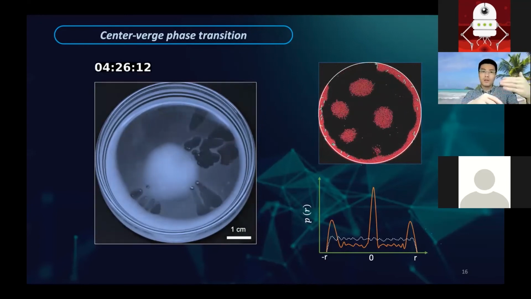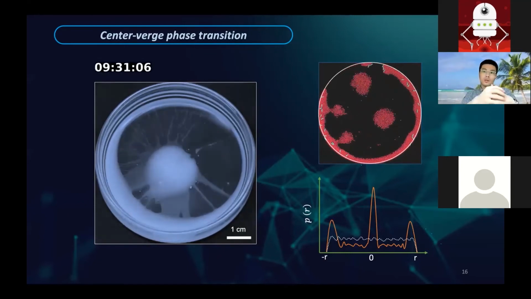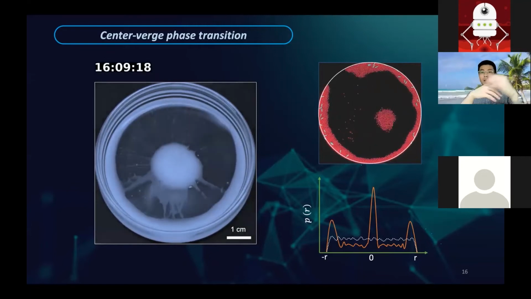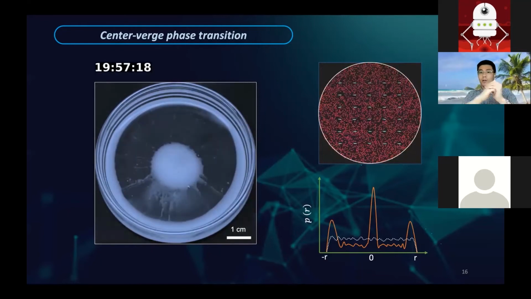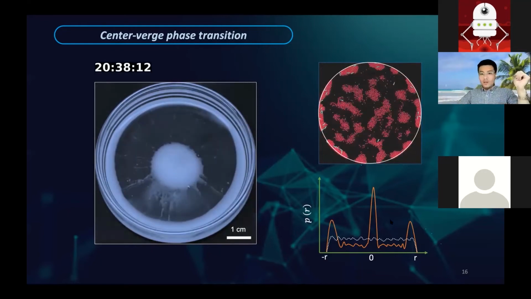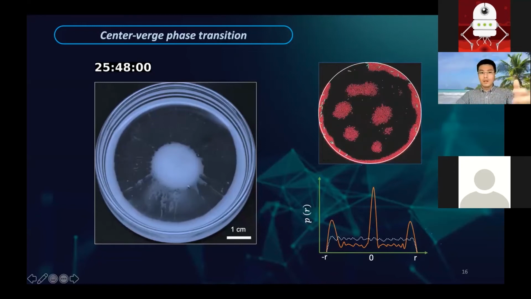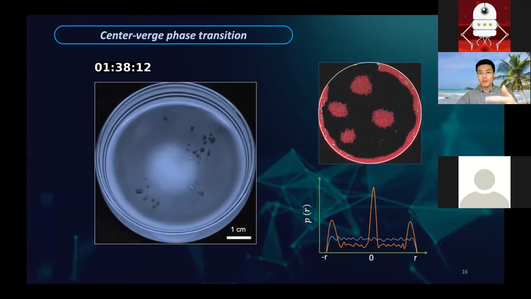So we finally observe this center-verge phase transition behavior, and we also applied the cost gradient model to simulate the center-verge phase transition behavior of our particles in the simulation. This one is not our experimental data. I just drew this curve to demonstrate the non-Boltzmann distribution of the target particles in our system, and its center-verge phase transition behavior.